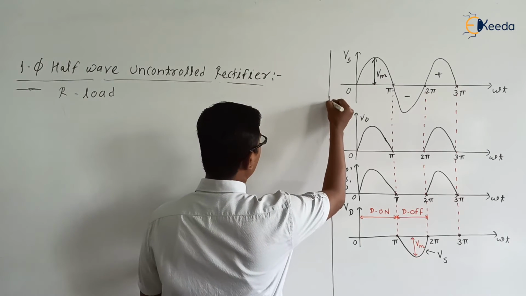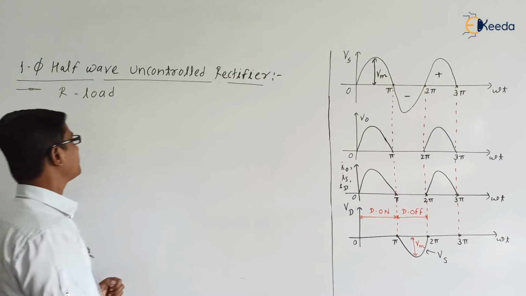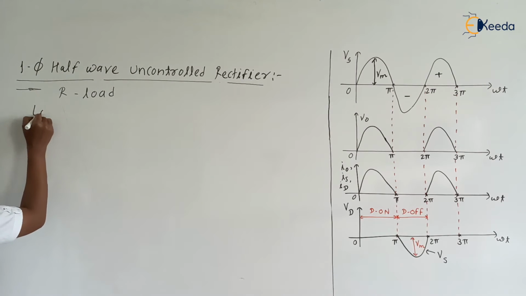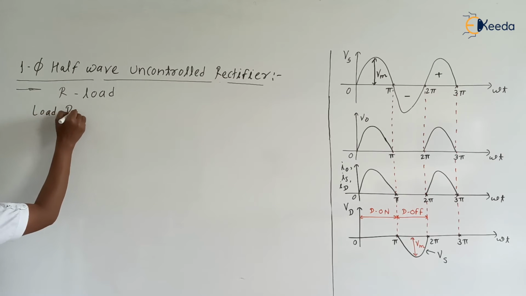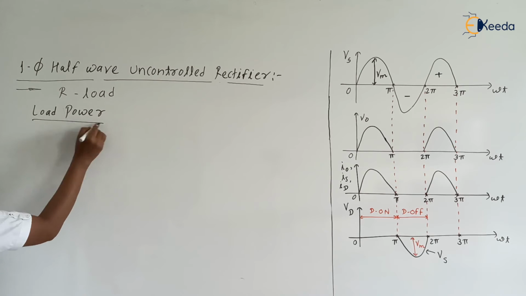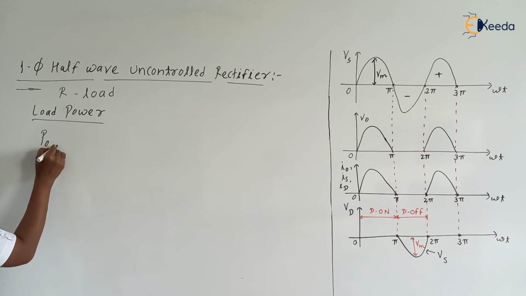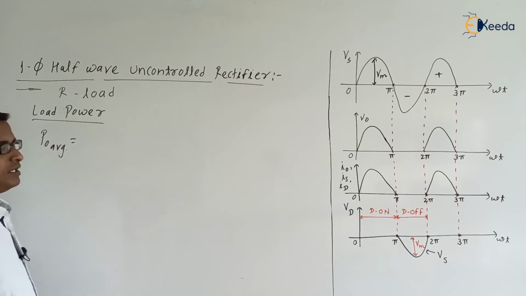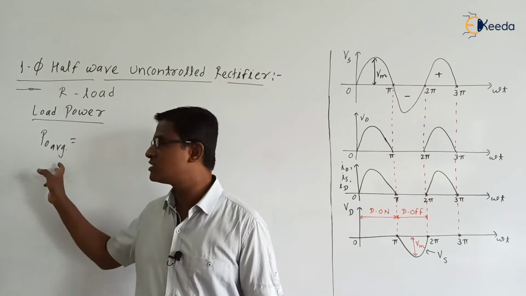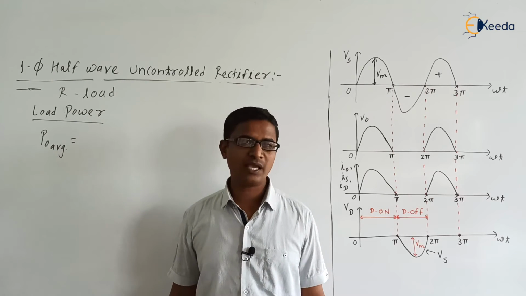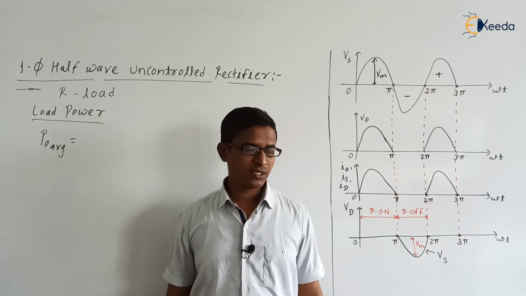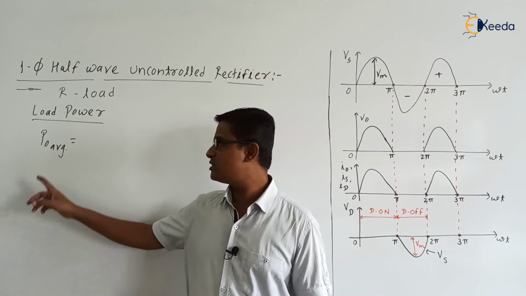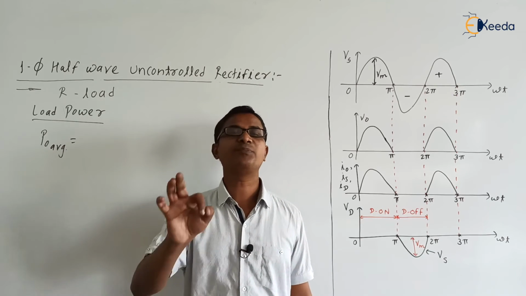So load power, or it is also known as the output power, is nothing but P0 average. Be careful, it is P0 average only because load is connected at the output side. And the output is DC. In the DC, the effective value is average value.